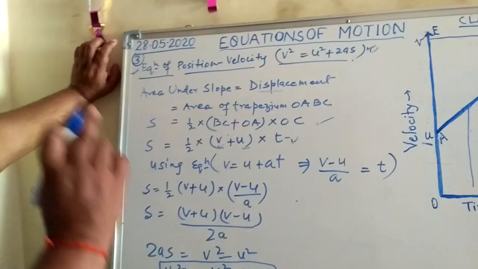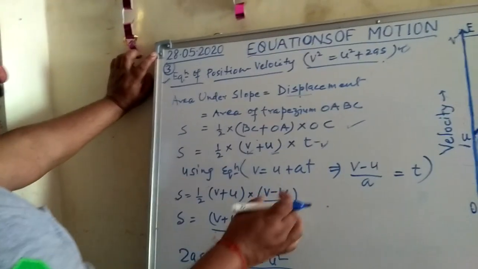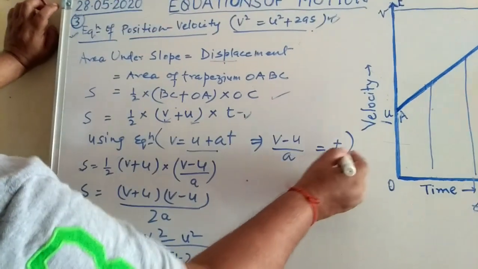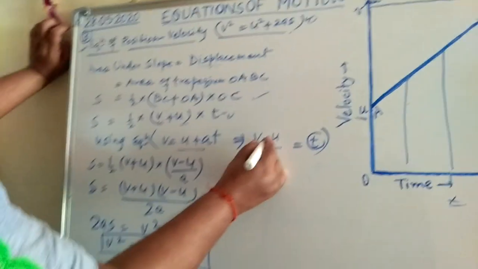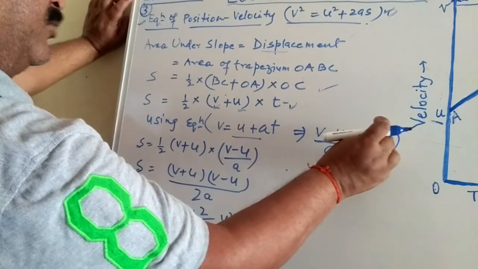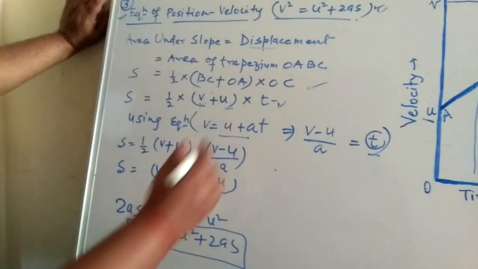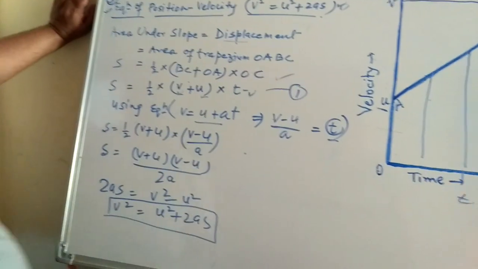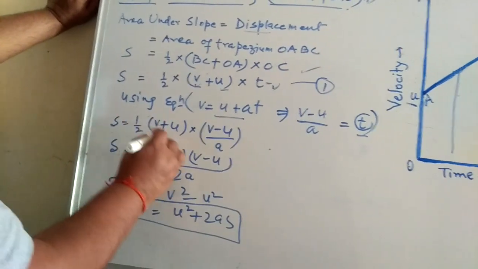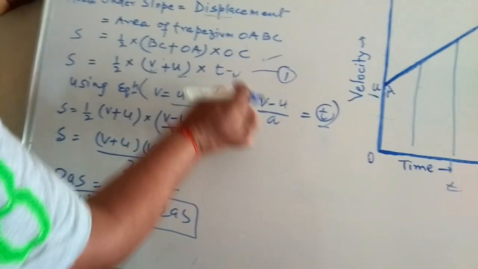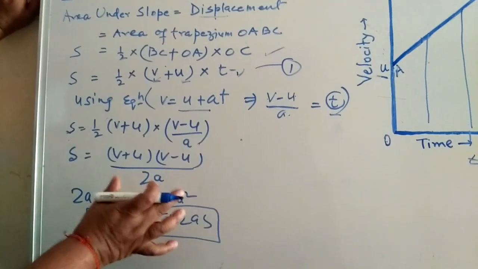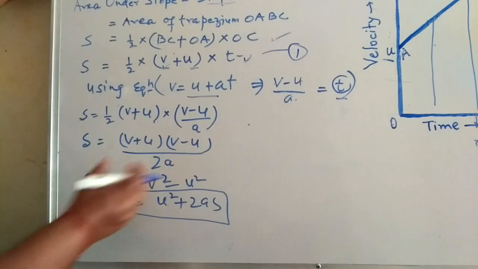We have already established the first equation, V is equal to U plus AT, and from that equation we calculate the value of T: (V minus U) by A is equal to T. We put this value of T into equation one, so S is equal to half (V plus U), and in place of T we put (V minus U) by A. Then we simplify and rearrange this.